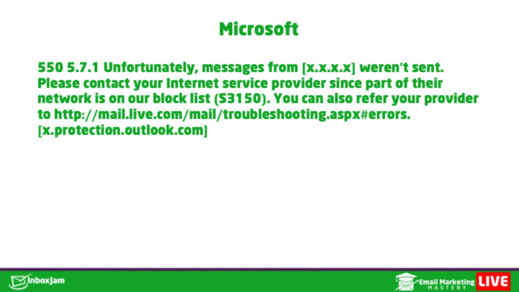And I just got to warn everybody that when you get these kind of blocks at the mailbox providers, this isn't something that happens suddenly, right? You don't go to the inbox today and tomorrow you are hard bouncing like this. This happens over a period of time, right?